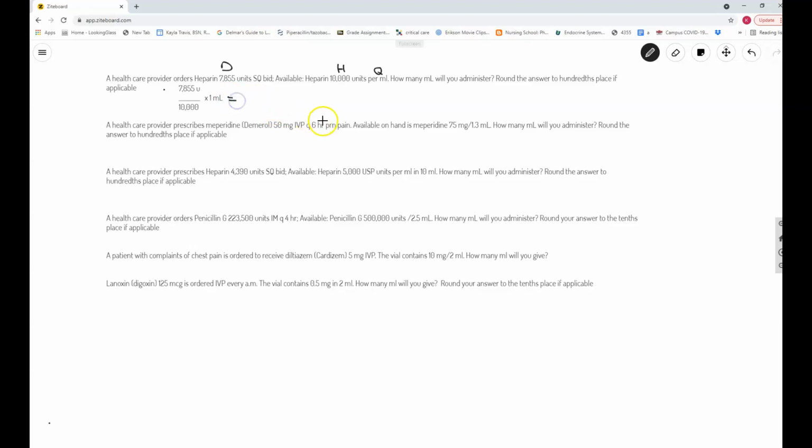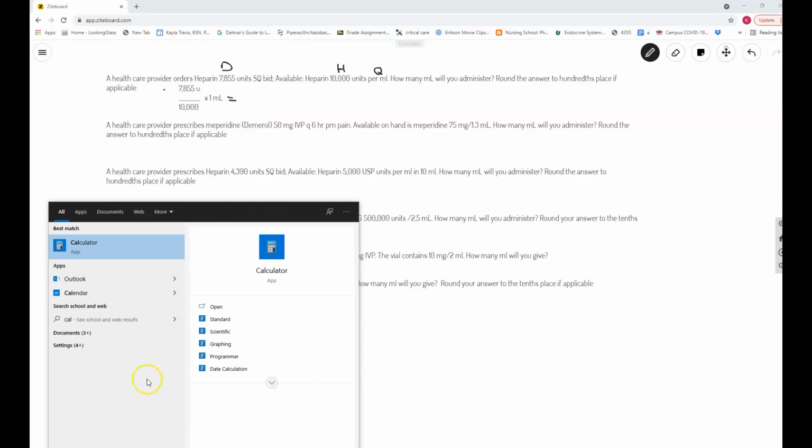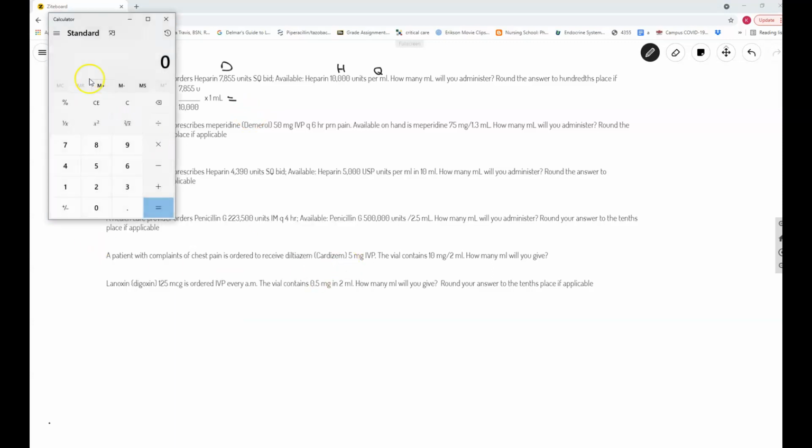So we're going to put it in the calculator, and we're going to put 7,855 over 10,000 times 1. That gives me, let's do it. If you've not done it yet, let's put the calculator up here.